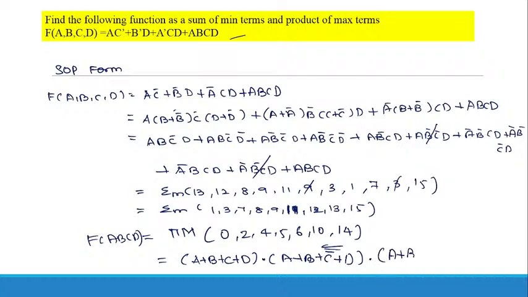A plus B plus C plus D is 4. A plus B plus C bar plus D is what? Next to 5. 5 is what? 4 plus 1. Likewise, you have to write for 6 now.